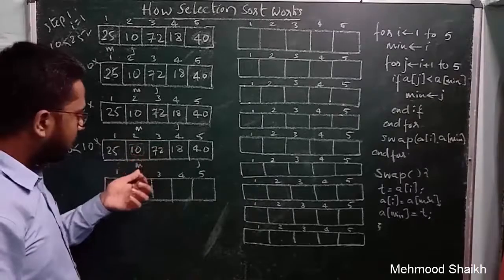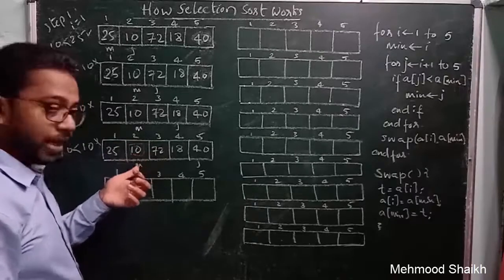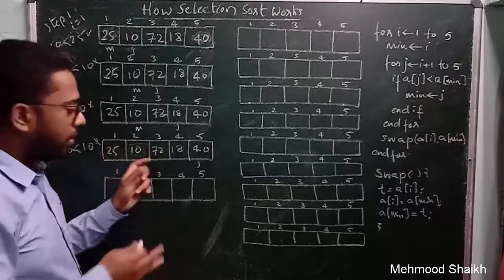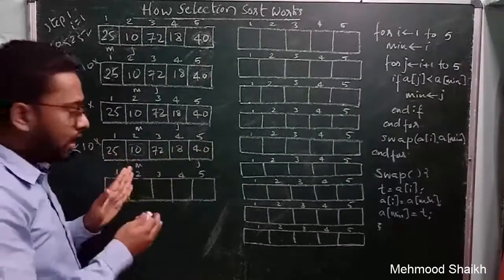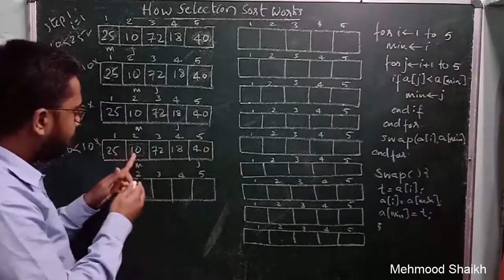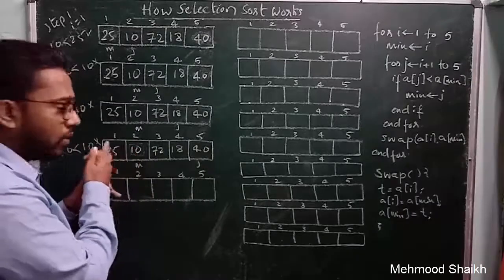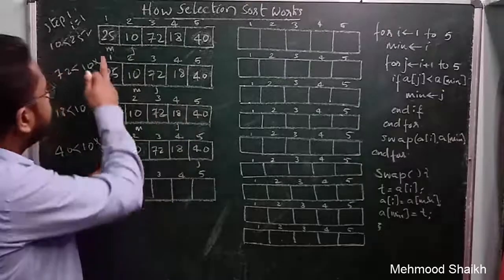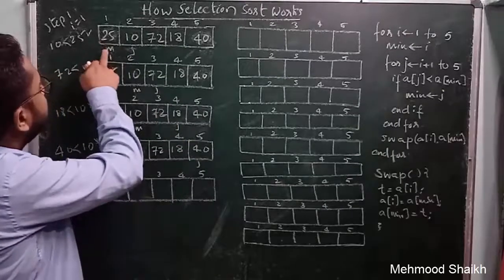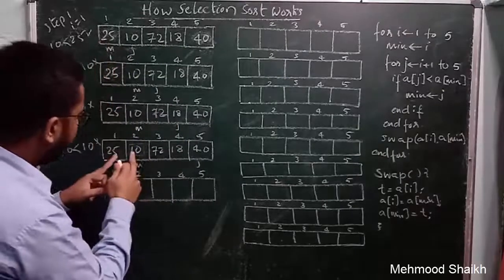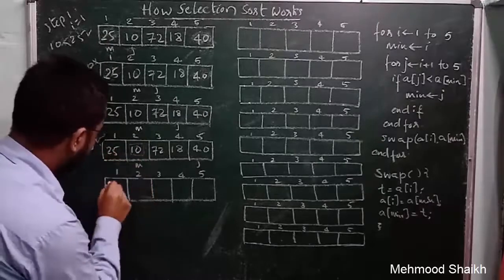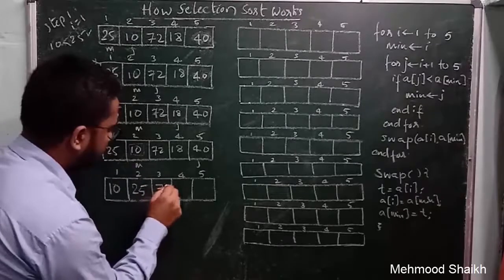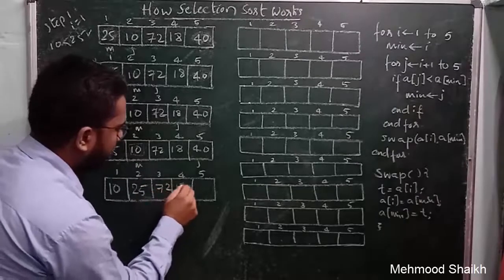So we will mark this element as the minimum element, and as I told you, whenever we find a minimum element in the entire array, we have to replace that smallest element with the element from where we had started searching for the smallest element. We had started searching from this first element, so we have to replace this 25 with 10. So now 10 will come here, 25 will come here, and 72 will come here, then 18 and 40.